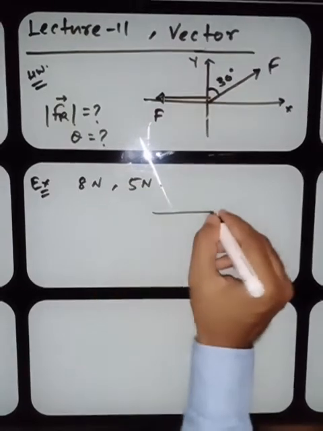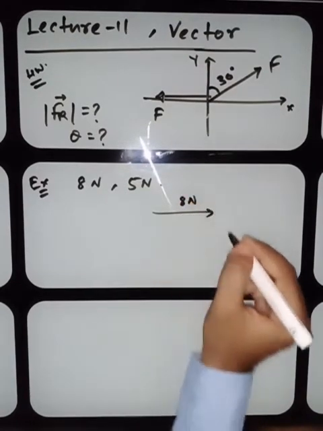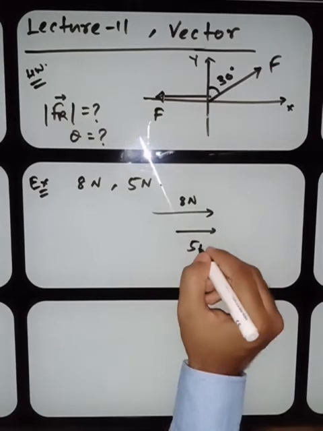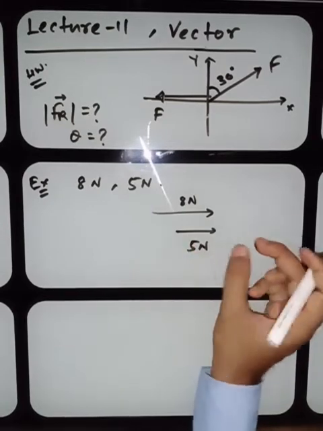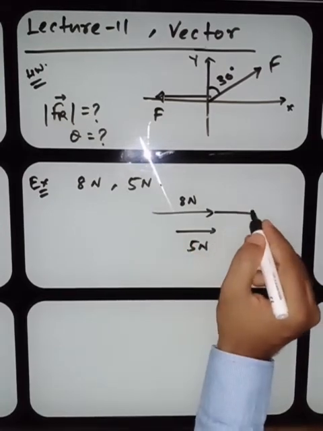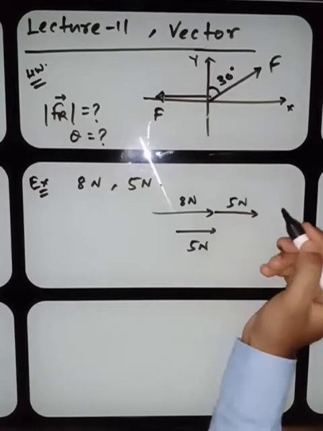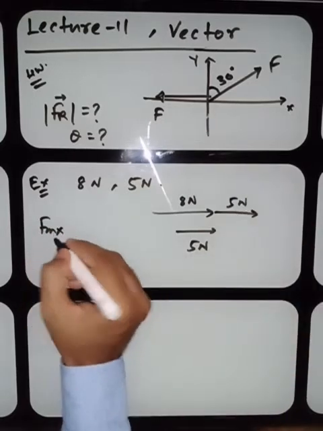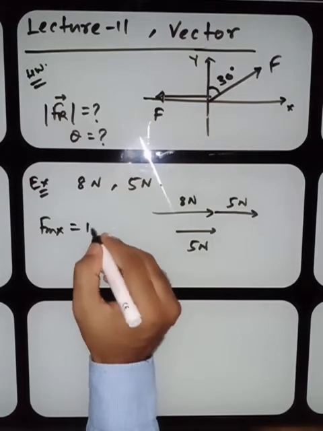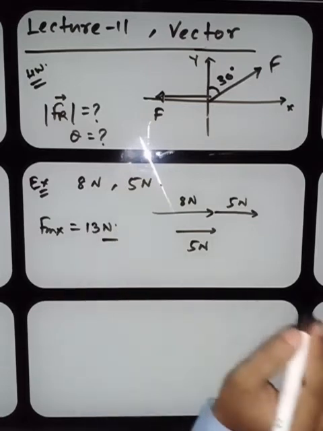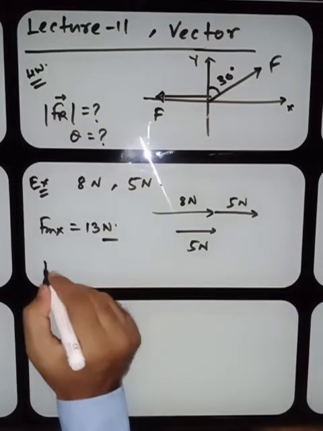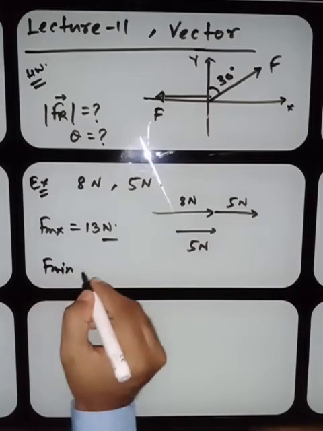If one force is 8 Newton and another force is 5 Newton, the maximum resultant will be when we add in the same direction, as we have studied. So F max will be 13 Newton, not more than that. Very clear. And at which angle will we get the minimum?